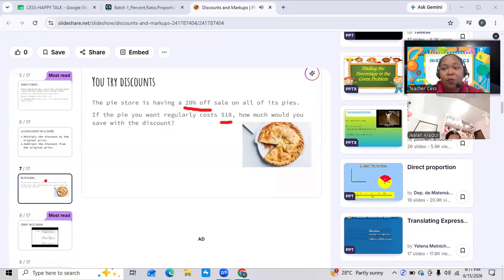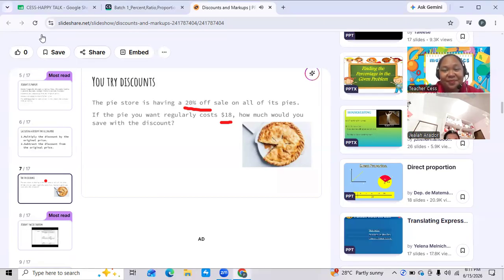How much will be the discount? What do you think will be the operation? I'll find the percent first. The percent first. What are you going to do?